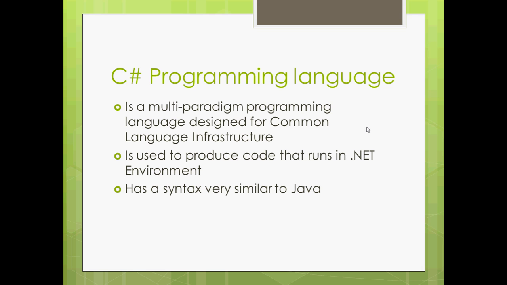Now .NET runtime is nothing but the common language runtime, which I talked about in the last video, that is CLR. So C# applications can run only in CLR, and C# cannot be used to develop applications like native Win32 applications or COM applications or stuff like that. You can develop applications that run only in the .NET runtime.